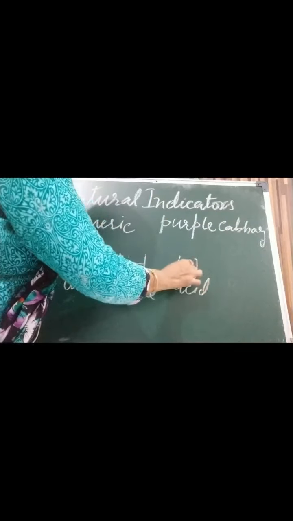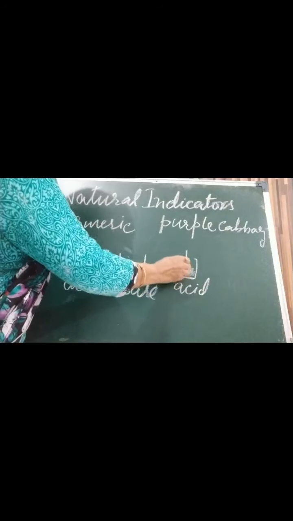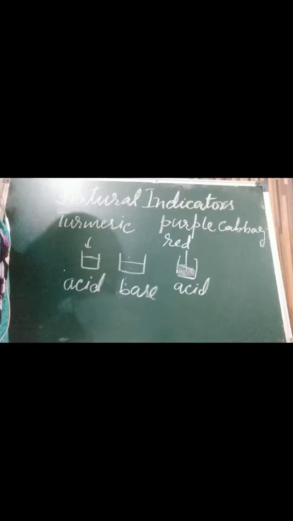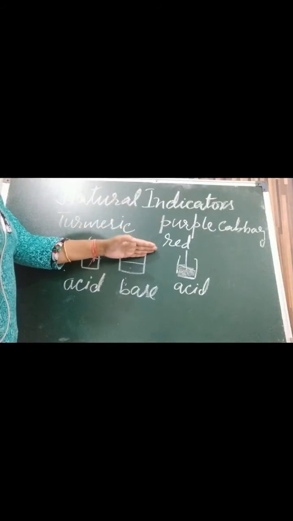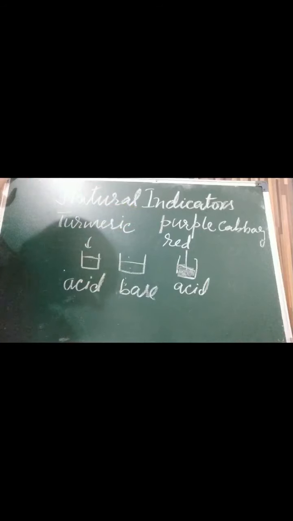It is purple in color. Then the purple color changes into deep red color. Okay, in acid medium, this purple will change to deep red color. And with the base, purple with neutrals, and green and yellow with base.